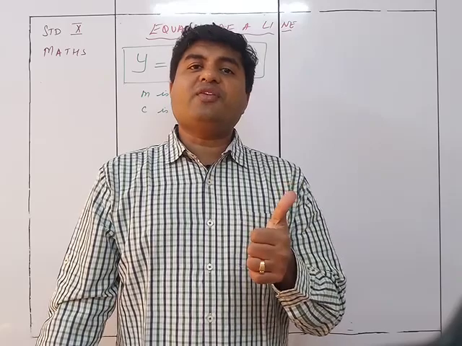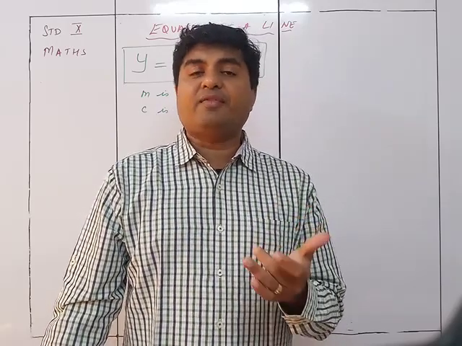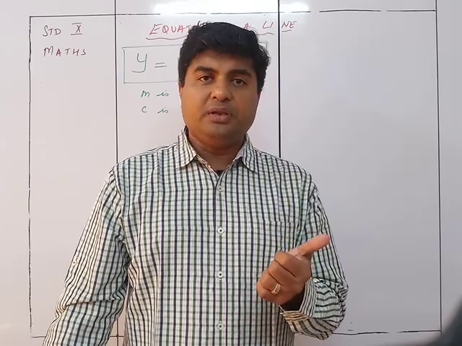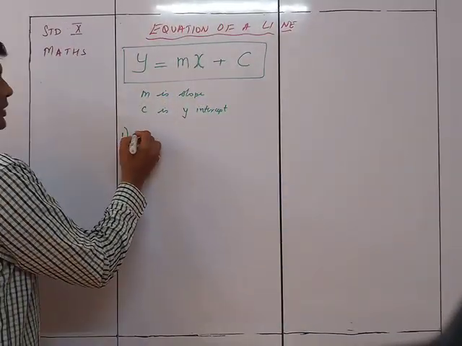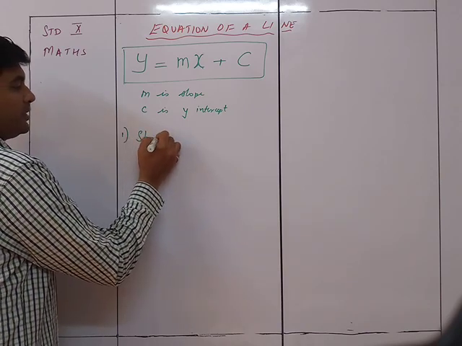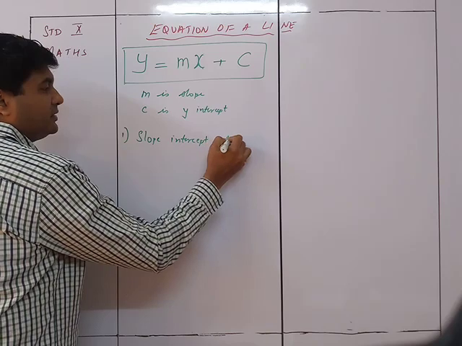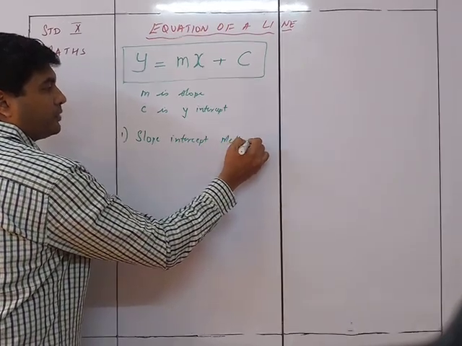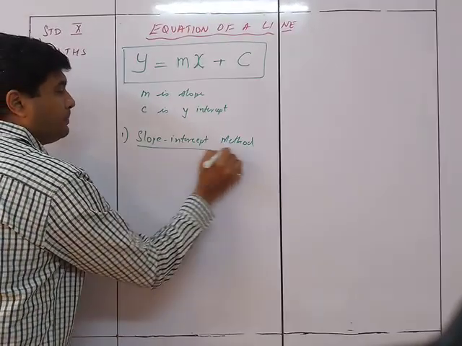The first kind of information which could be available, making the equation of a line simple, gives the first method: the slope intercept method.